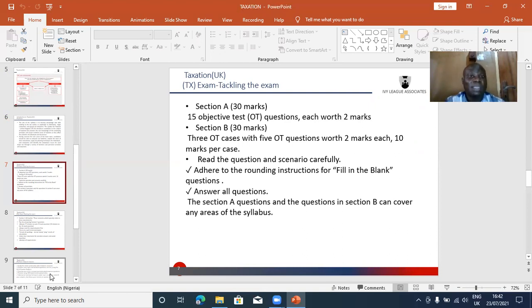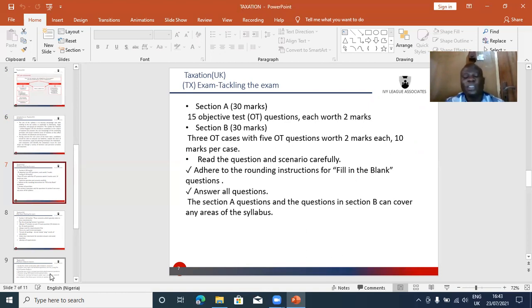So that's another 30 marks with the initial 30 marks from the 15 objective questions, making 60 marks: 30 marks from the first 15, 2 times 15, and then another 30 marks, 2 times 15, making 60 marks. That tells you the importance of objective questions and objective question practice to this paper.